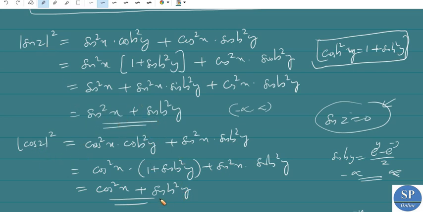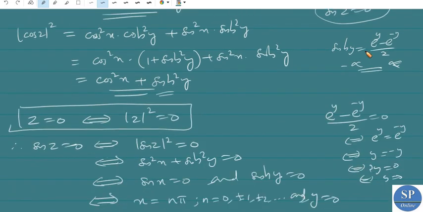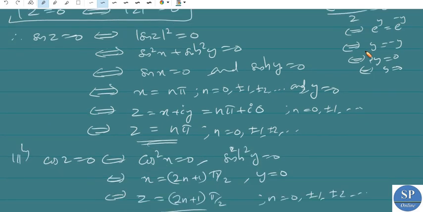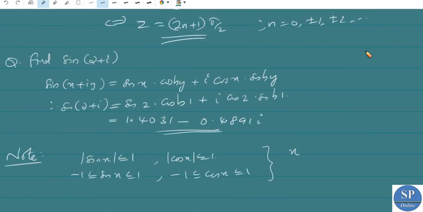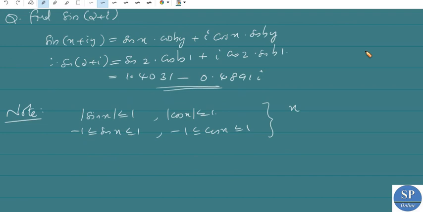Similarly, here also we have sinh square y, so mod cos z whole square is also not bounded. That is, we cannot say that complex sine and cosine, that is cos z and sin z, are bounded. That means we cannot restrict sin z and cos z to lie between minus 1 and 1.